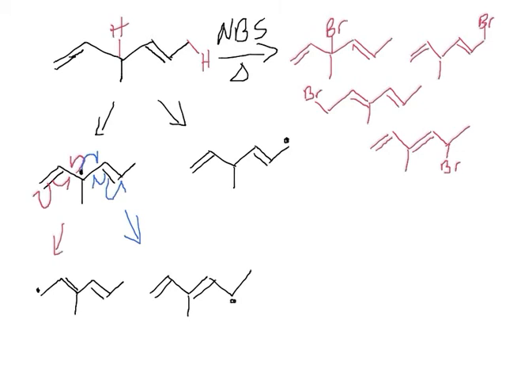Now we got to go back up to this guy and draw yet 1 more resonance structure. Electron goes there, there. This one goes here. And yet another intermediate is going to lead to another bromination product.